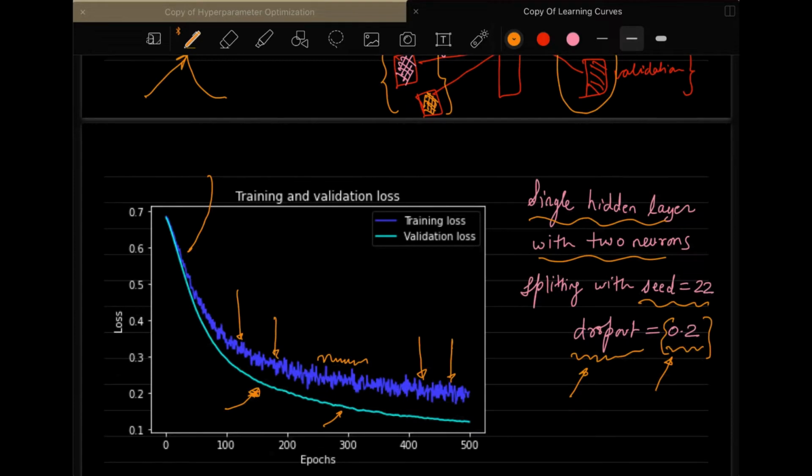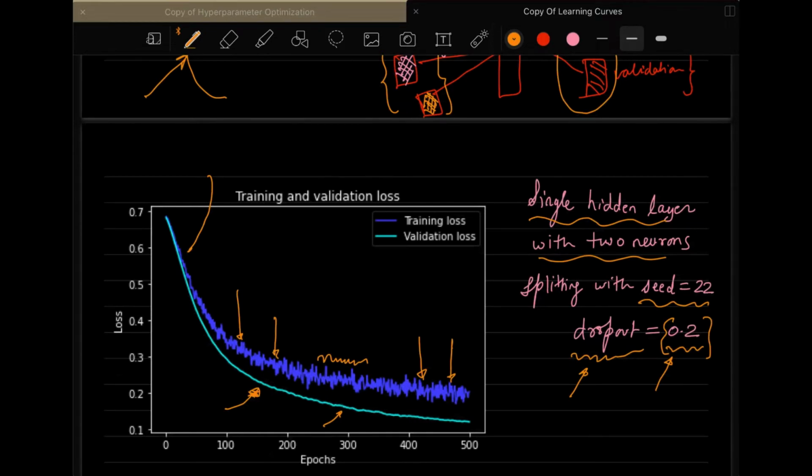We will discuss why it is noisy, but just to give you a quick overview of why the noisy profile is coming, it's because you are dropping some of the neurons. When you drop some of the neurons, it's like you are injecting salt and pepper noise into the image or the data set. We will see all this in more detail in the next slides.